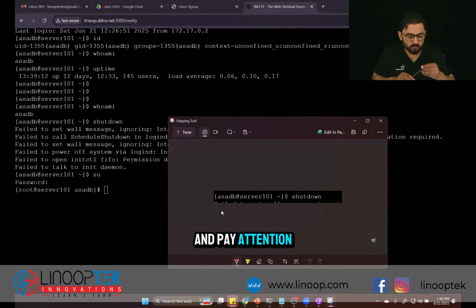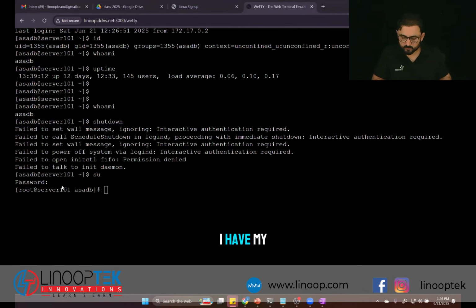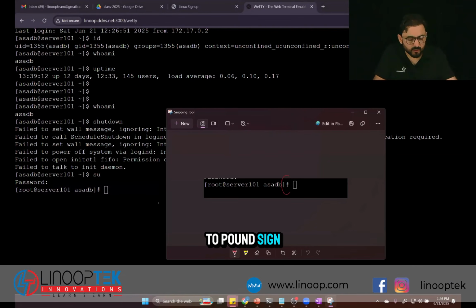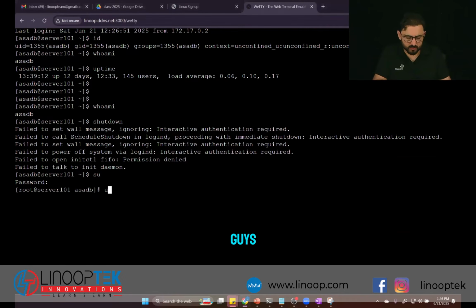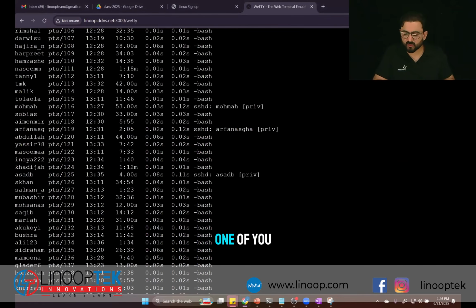My prompt over here is $. And in this one, my prompt has changed to #. This means I am root. Root means I am super user. That means now I have all the privileges. If I want to kick out one of you guys, I can just use my powers to kick out one of you guys. And I just gave you another command over here.